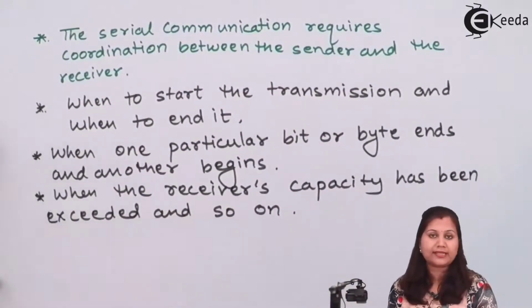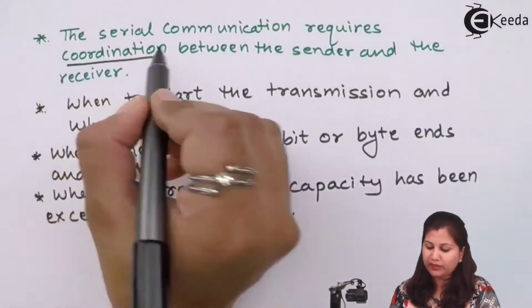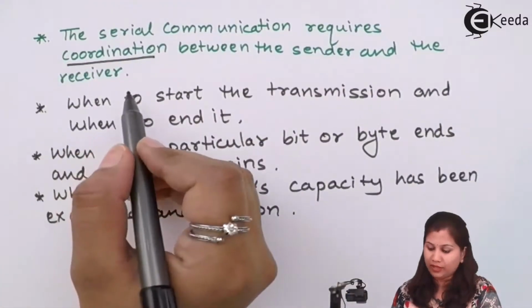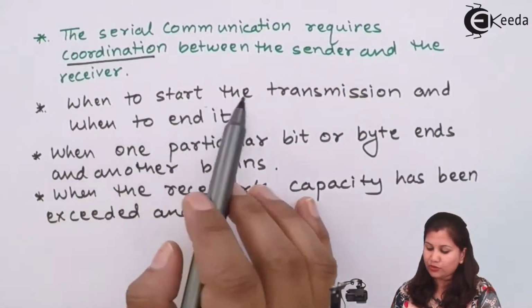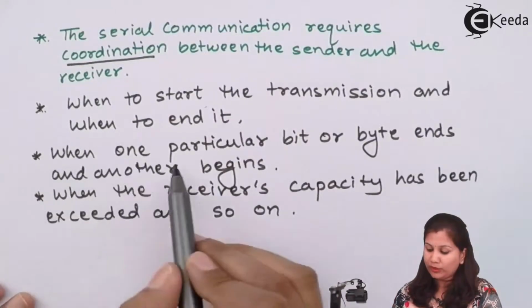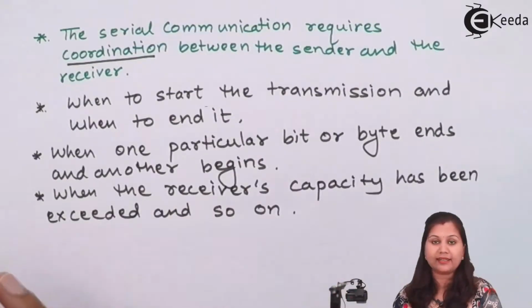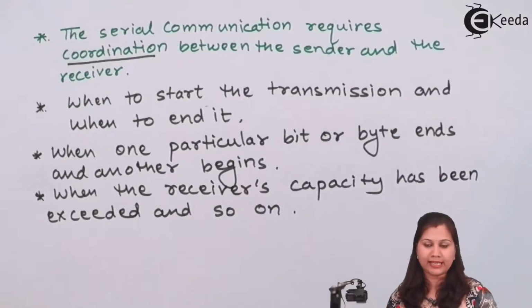So for all these things, there should be some coordination between the sender and the receiver, so that the receiver knows when it has to start the transmission, when to end the transmission, when one particular bit or byte ends and another bit or byte begins, means from where the data is starting and where it is ending.